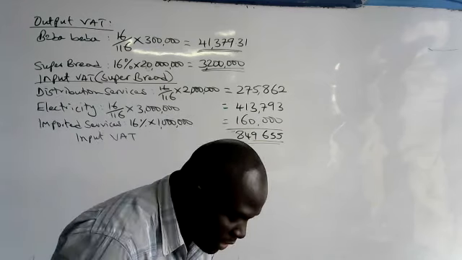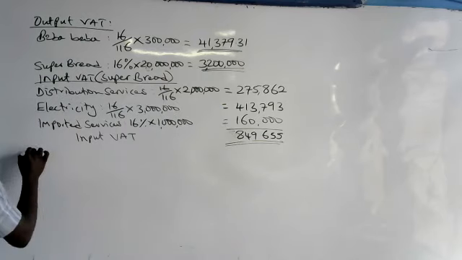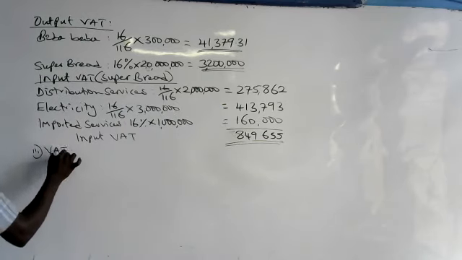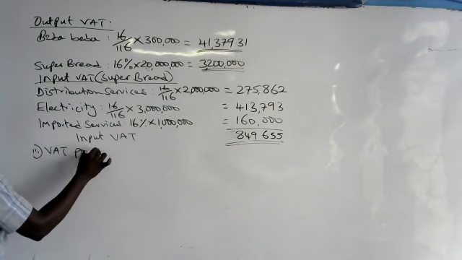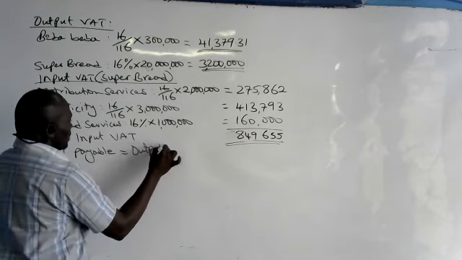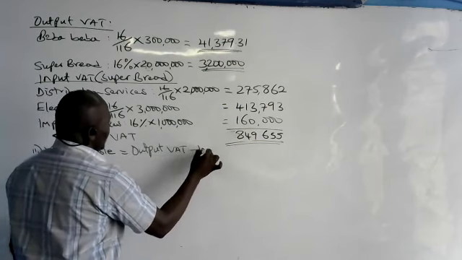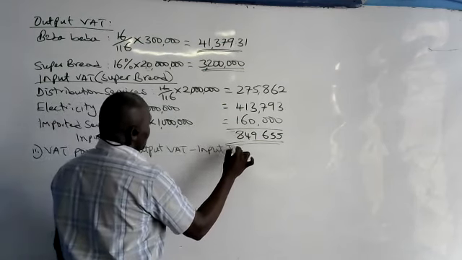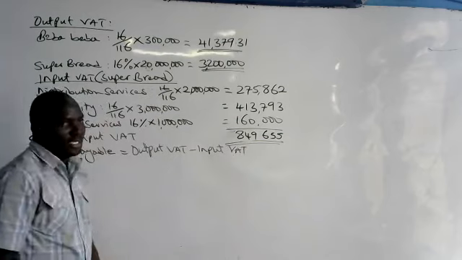So VAT payable equals output tax minus input VAT.